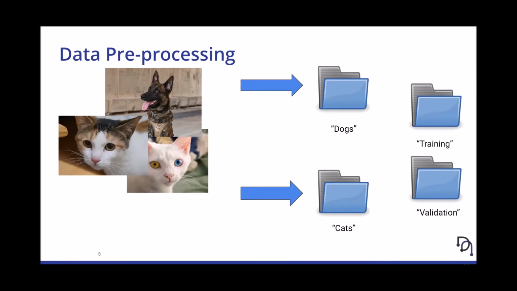So CAPTCHA, for security reasons, would ask you to either select pictures or decipher letters or numbers written in a very special way. And behind the scenes, CAPTCHA actually has two functions.